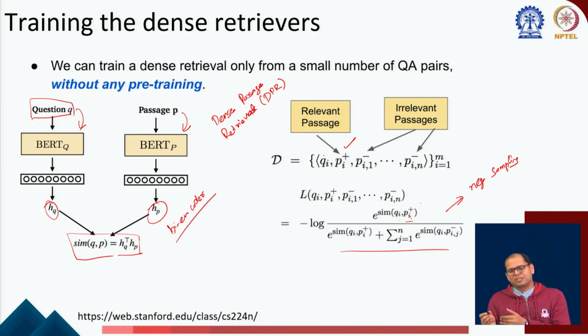When you train using this loss, it will bring the embeddings of the query and the positive passage close enough, and the query and the negative examples will go far away. So it will tune the embeddings accordingly. That means for each query, we need some positive examples and some negative examples. That is the requirement for training data in this particular setup.